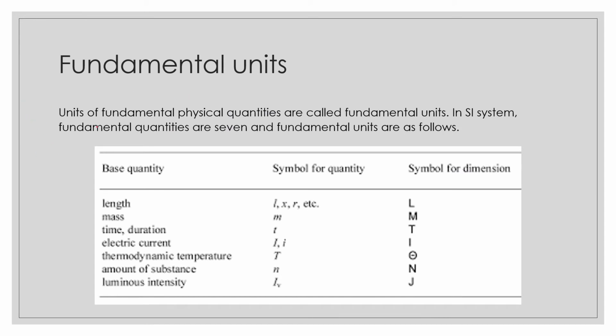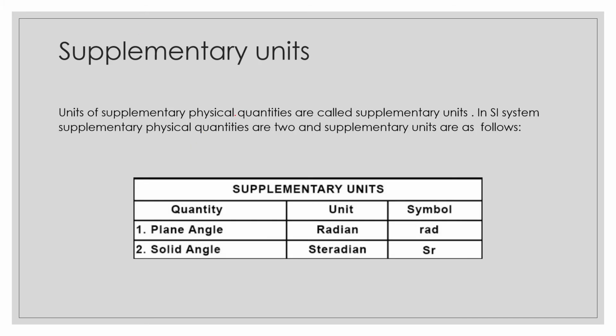Fundamental units. Units of fundamental physical quantities are called fundamental units. In the SI system, fundamental quantities are 7 and the fundamental units are as follows. You can see these are the fundamental units.